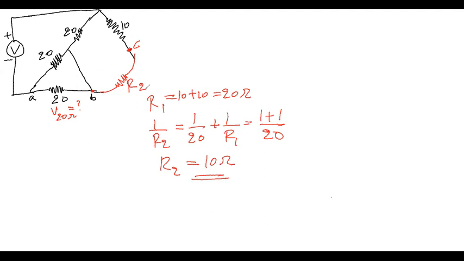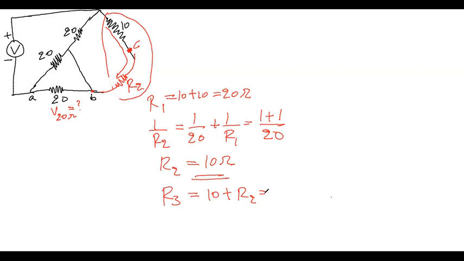Now, what do you see? R2 is connected in series with a 10 ohm resistor. If you see these two, R2 and the 10 ohm resistor, the same current flows through them. They're connected in series, and they have only one junction, which is C. So if I say their combination is R3, then 10 plus R2 gives us R3.